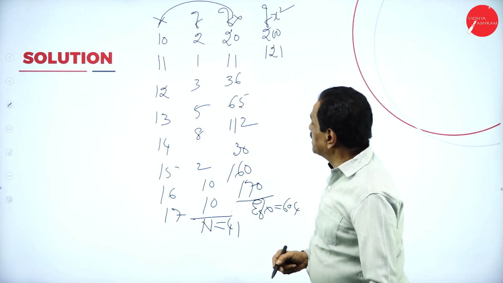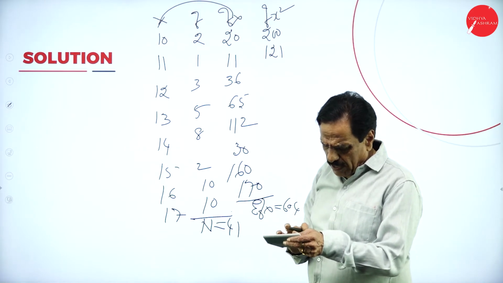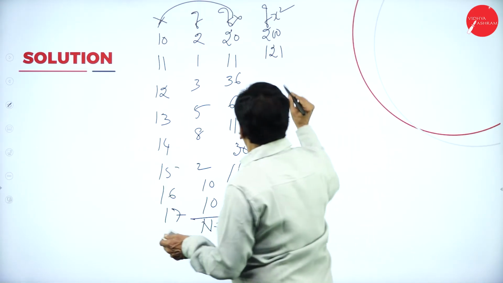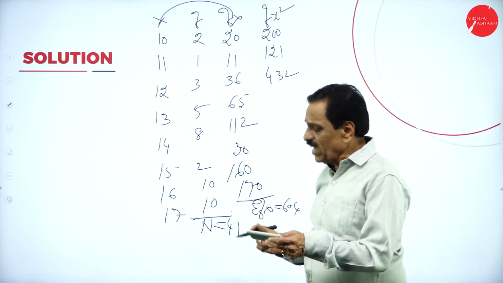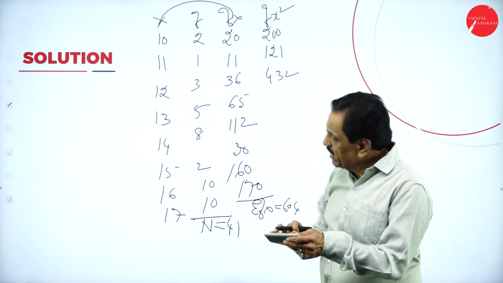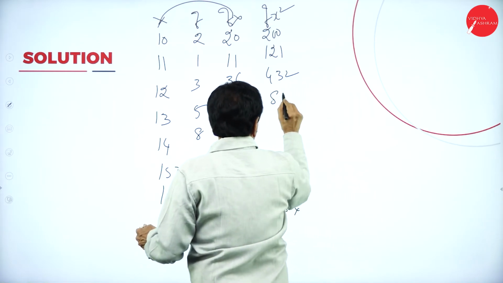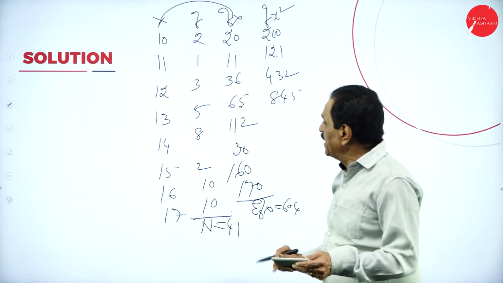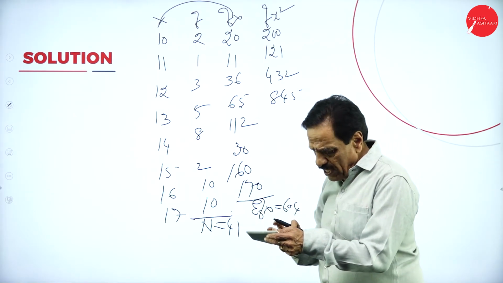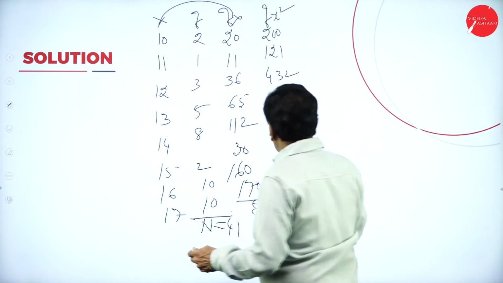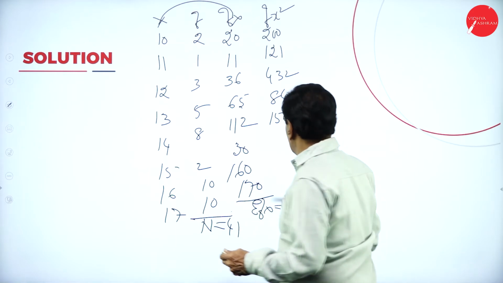36 into 12 is equal to 432. 65 into 13 is 845. Then 112 into 14 is 1568. 30 into 15 is 450.